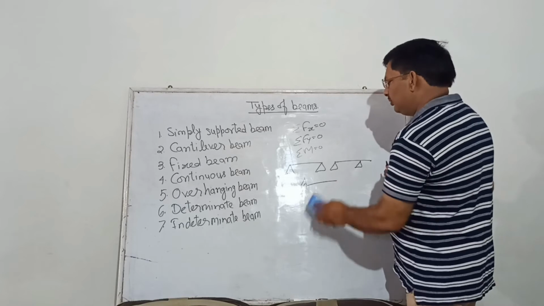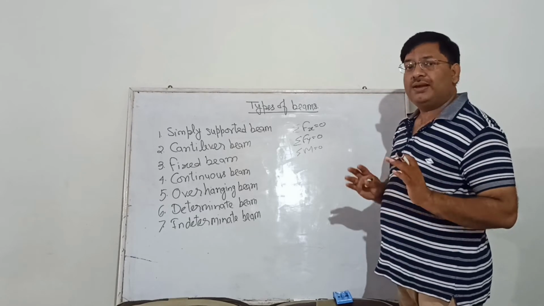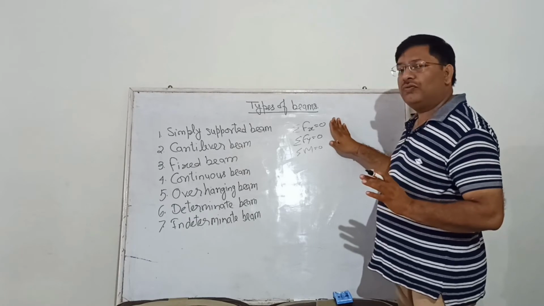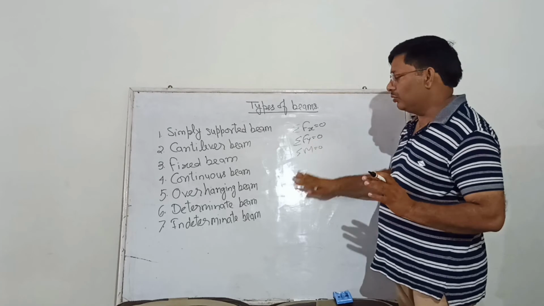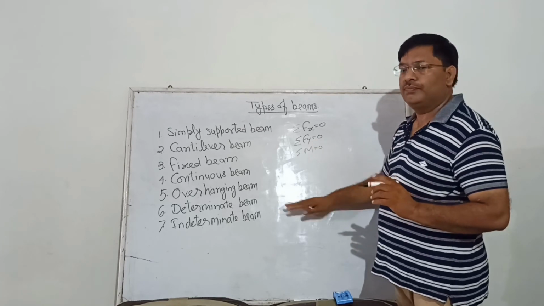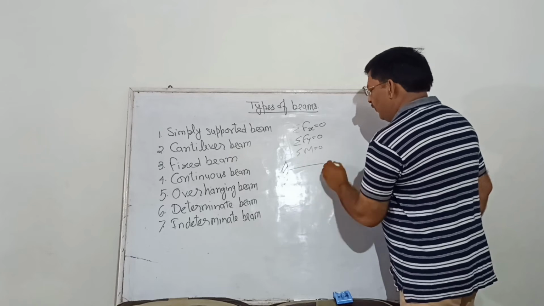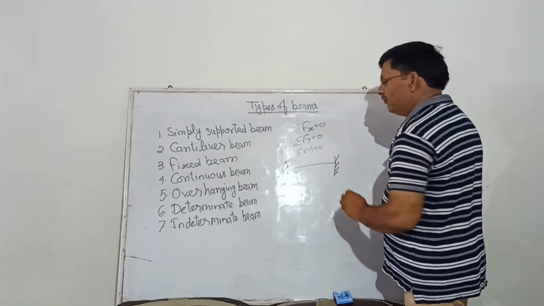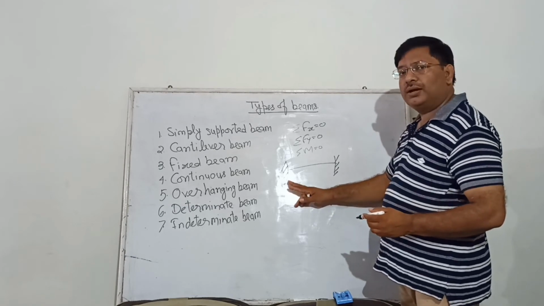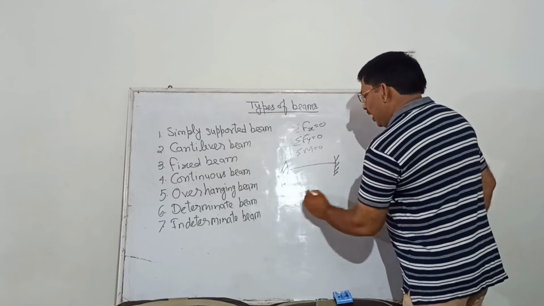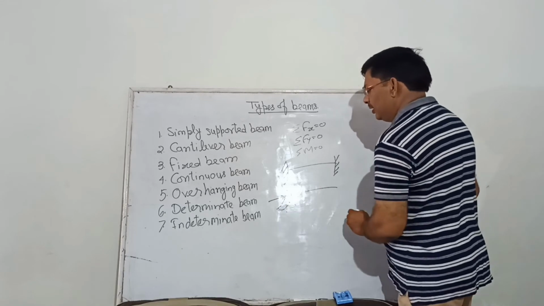Now the last one is the indeterminate beam. The beams in which we cannot find the value of unknown reactions by using these three conditions of equilibrium are known as indeterminate beams. For example, the fixed beam is an example of an indeterminate beam. Why? Because when we draw the free body diagram of this fixed beam, we will have to take one vertical reaction, one horizontal reaction and one moment at this end.